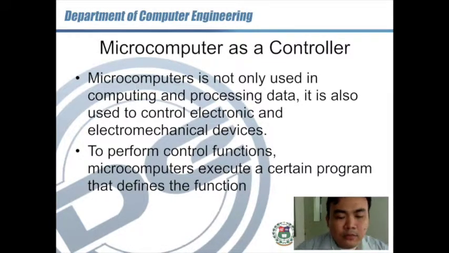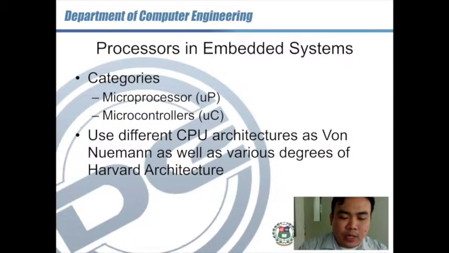Now, the processors in embedded systems: we have the microprocessor and the microcontroller. We all know the microprocessor is very powerful, and a microcontroller is not that powerful, but it could do tasks that are required for the particular system. Each of these uses a particular architecture, and all of them are von Neumann.